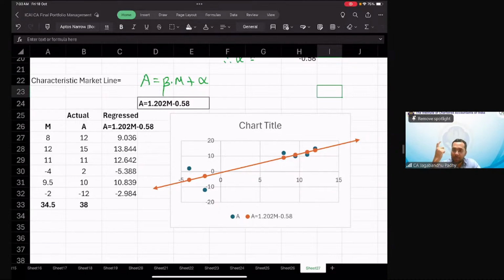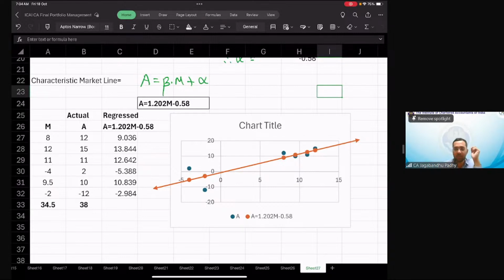Beta, or you can say the CAPM model, the capital asset pricing model, stated that securities will be able to give you a risk premium only for the systematic risk, because unsystematic risk you can simply do away with by taking proper diversification of your portfolio. With the help of diversification, when you do away with the unsystematic risk, you will be compensated only for the systematic risk.